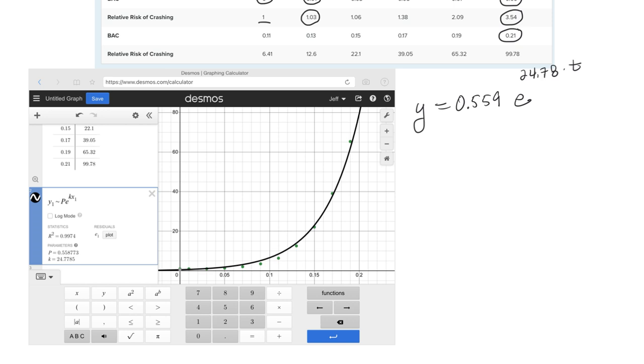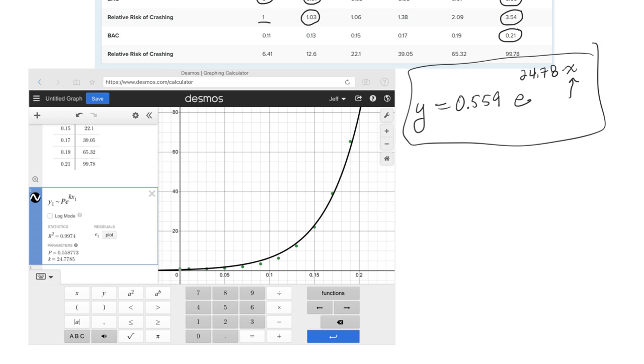Or x, maybe I'll use x up there. We've been using t's, but just with decimals we'll use an x. Okay, so there's the function that controls blood alcohol consumption and your relative risk of getting in an accident. So you can plug in any blood alcohol concentration there, and it'll tell you your relative risk for crashing.